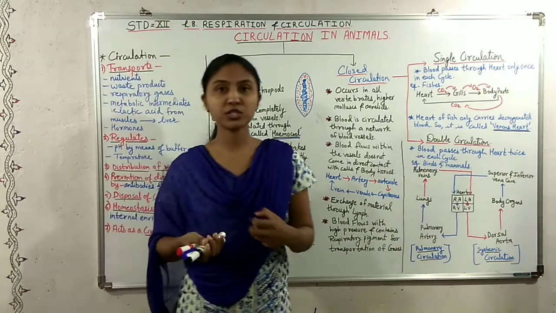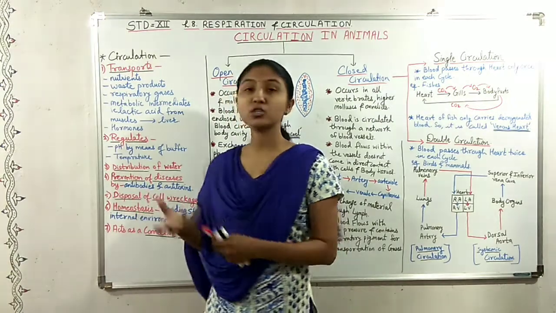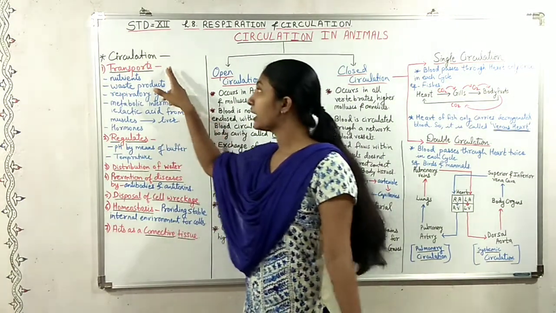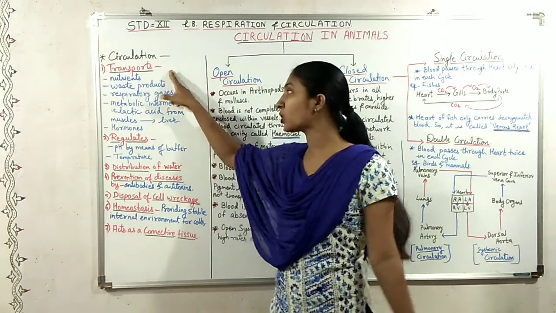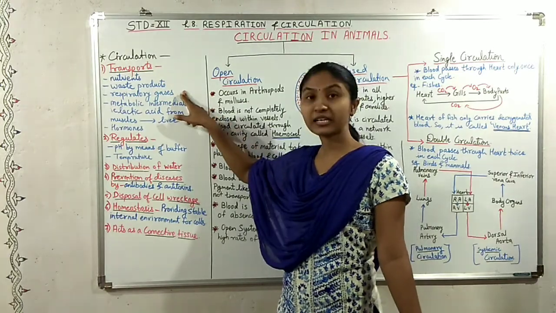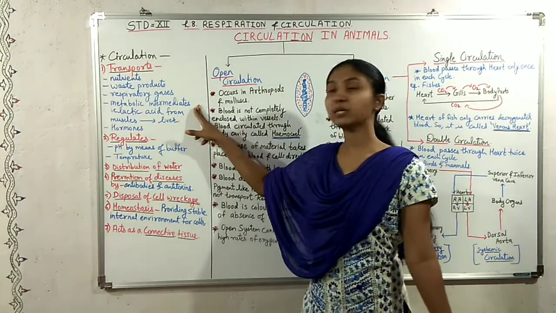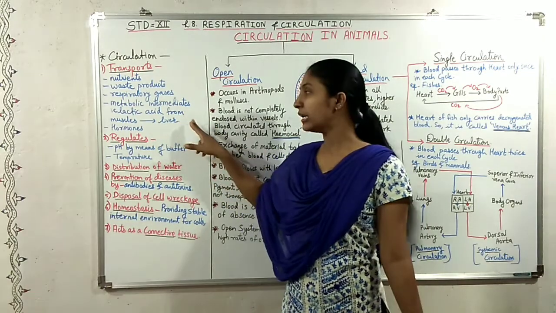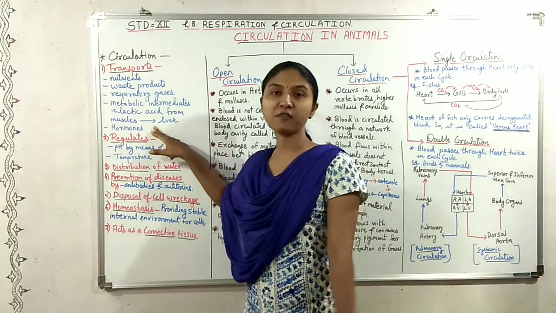Now the functions, or the importance or significance, of this circulatory system is that it supports the transport of nutrients, waste products, respiratory gases, metabolic intermediates like lactic acid from the muscles to the liver, and transport of hormones.